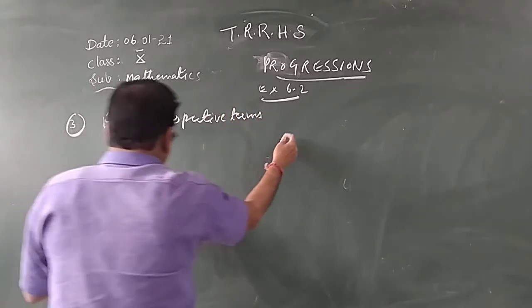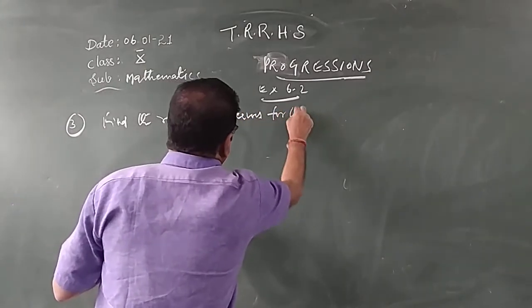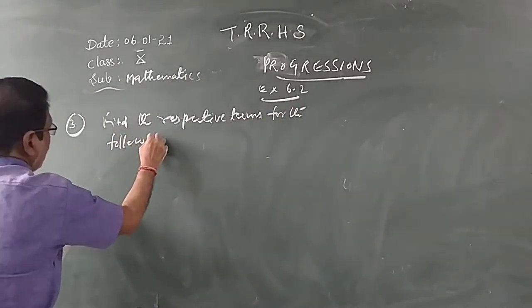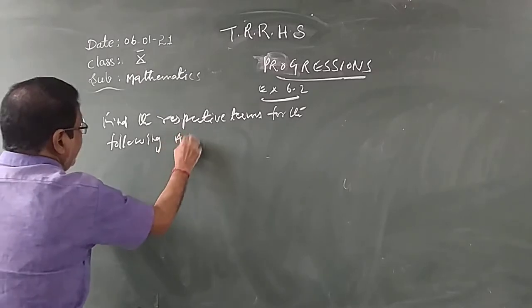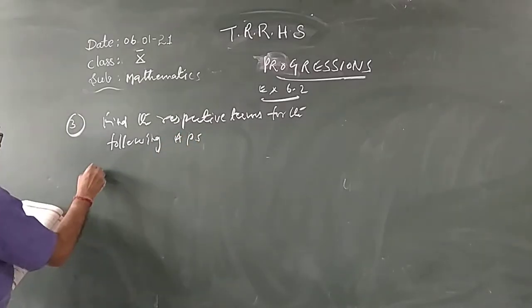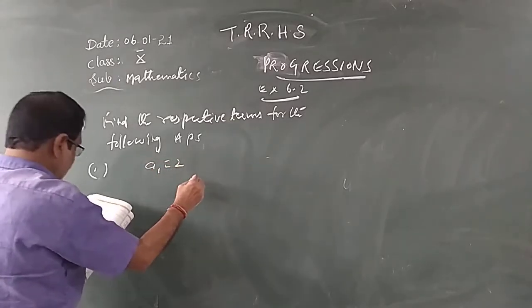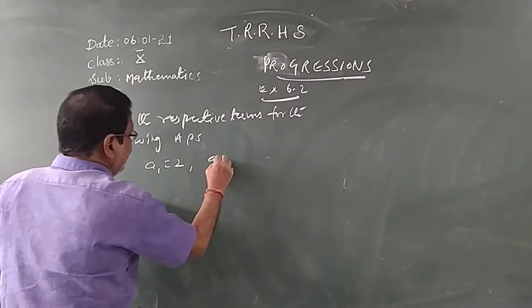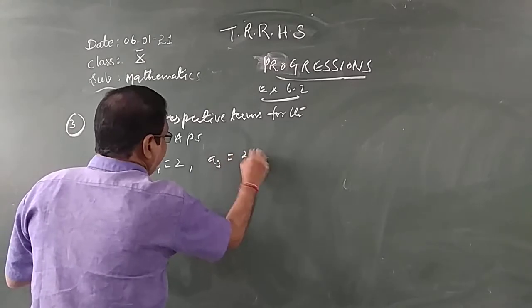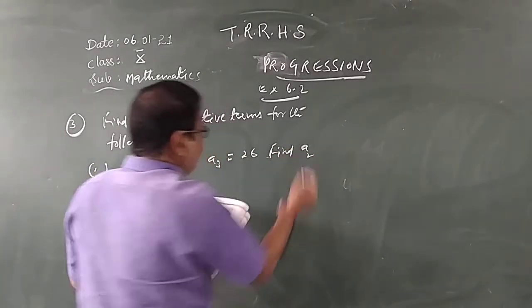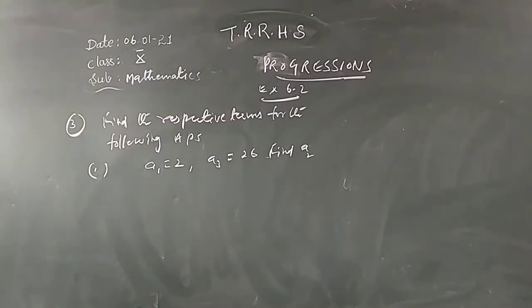The APs given, children: A1 is equal to 2 given, and A3 is equal to 26 given. Find A2. What do you have to find out here? A2. You have to find out the A2 here.